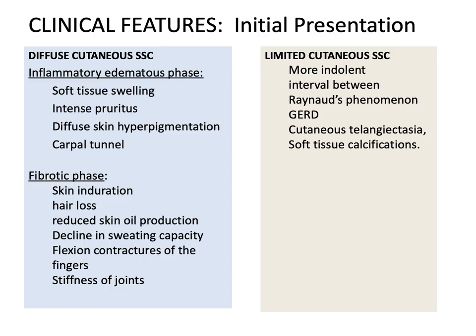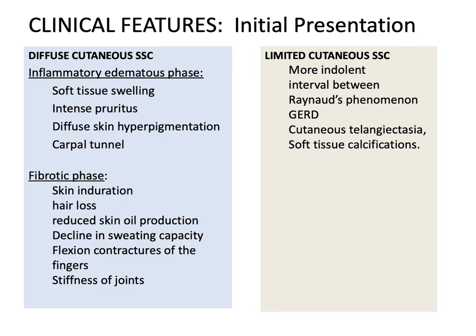Diffuse cutaneous scleroderma has two phases: the inflammatory edematous phase, wherein patients will present with soft tissue swelling, intense pruritus, and diffuse skin hyperpigmentation and carpal tunnel syndrome. Arthralgias, muscle weakness, fatigue, and decreased joint mobility are also common during this phase.